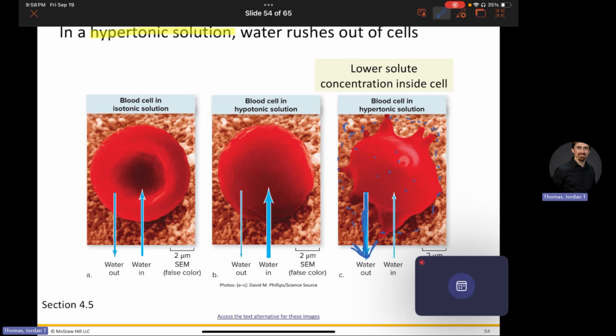It's like, hey, I see a lot of these molecules outside the cell, I want to go outside and join them. So remember: isotonic, even movement of water in and out of the cell. Hypotonic, low solute concentration outside the cell, water rushes in. Hypertonic, a lot of solute outside the cell, water rushes out.